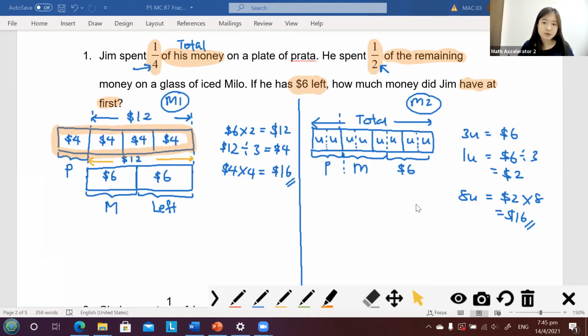Right, so just for method 1 and method 2, can you type into the chat which method you prefer, M1 or M2? Okay, so I see a mixture of method 1 and method 2.